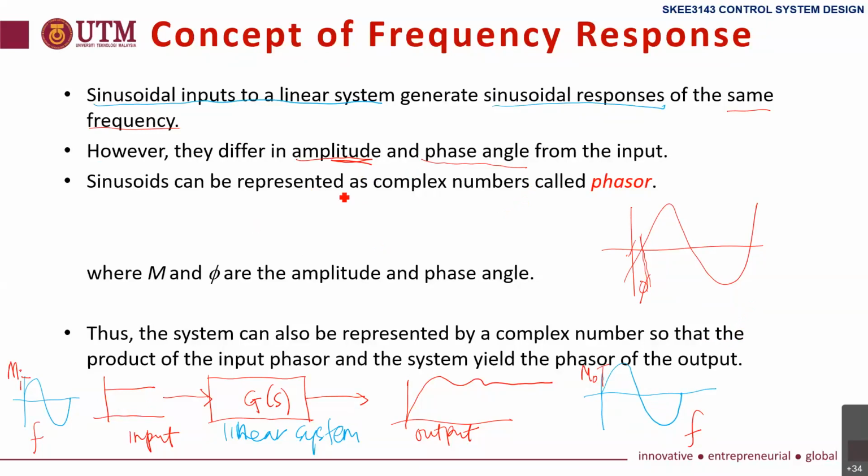A sinusoidal signal can be written as M cos(omega t + phi). This is one technique to represent a sinusoidal signal, where M is the amplitude and phi is the phase angle.